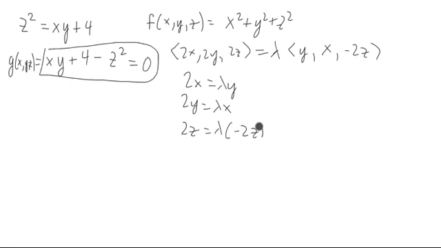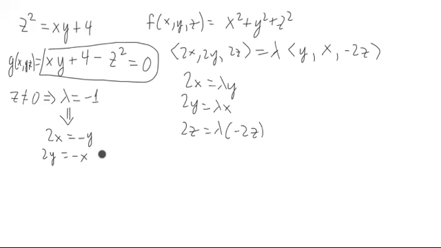Notice first of all, we'll take a case: when z is not 0, then lambda must be negative 1 when we divide the negative 2z over. Lambda is equal to negative 1. If lambda is equal to negative 1, then 2x is equal to negative y, and 2y is equal to negative x.